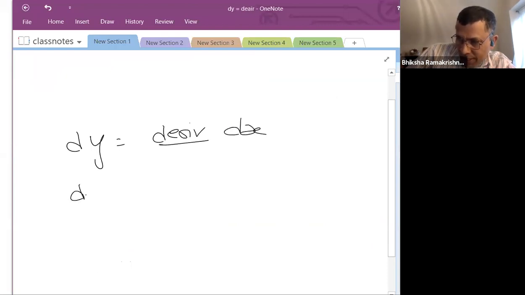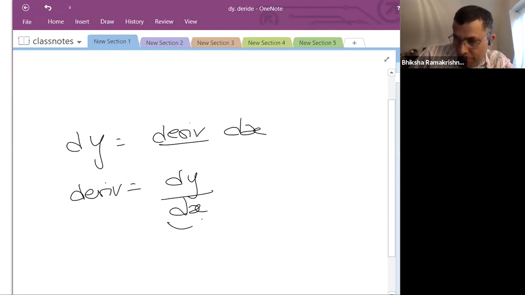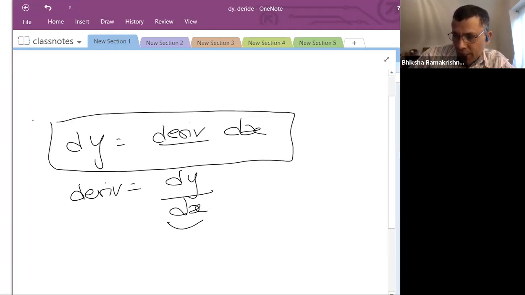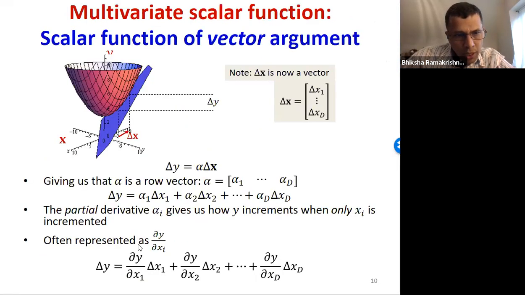And when you say derivative equals dy over dx, you're making many assumptions, primarily that x is a scalar. If you want to write it generically, this is the only valid notation for derivatives. So you see where this equation comes from.